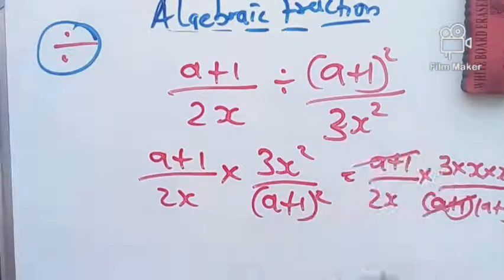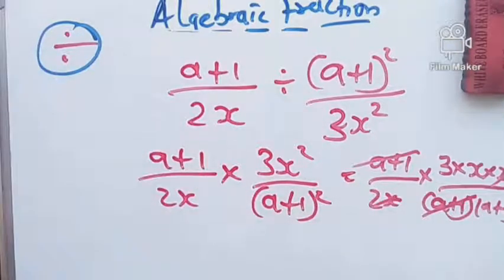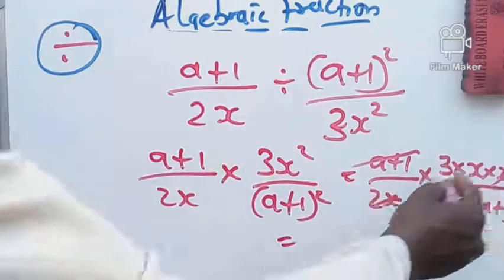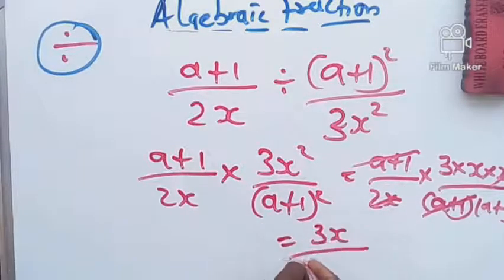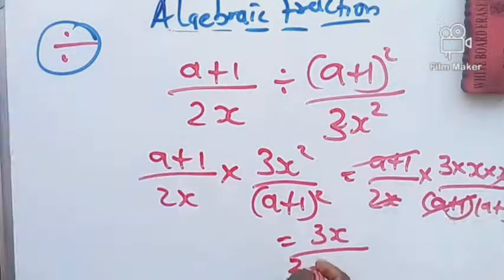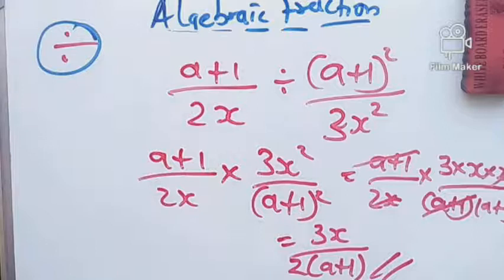A plus 1 can take care of a plus 1. X can take care of one of the x's. What we have left is simply 3 multiplied by x, which is 3x, all over 2 multiplied by a plus 1, which is 2 into a plus 1. Is there anything I can divide? No, nothing. And this becomes the final answer.